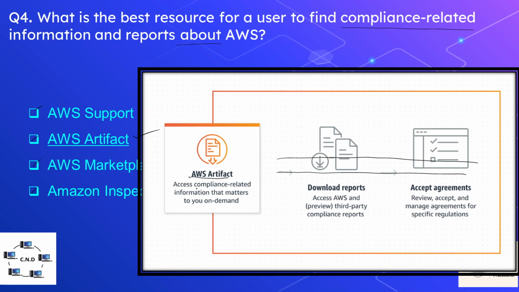It basically gives access to the compliance related information that matters to you on demand. Using AWS Artifact, you can download reports, and access AWS and third-party compliance reports. And it can also be used for accepting agreements. You can review, accept, and manage agreements for specific regulations. So that is AWS Artifact.